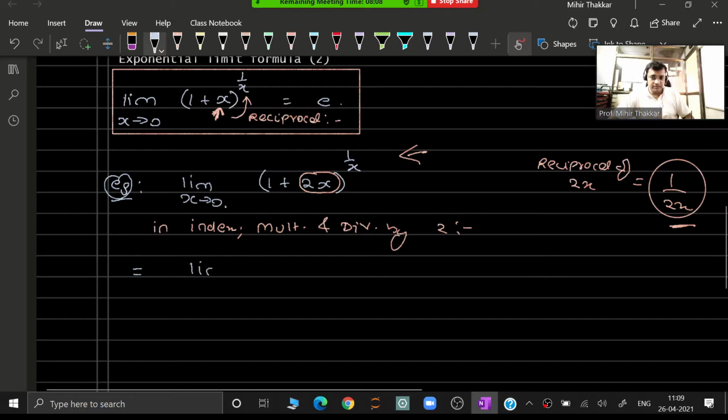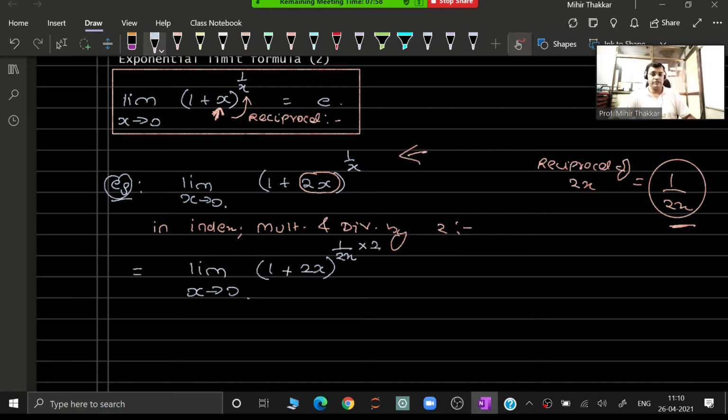So this will become limit as x tends to 0, 1 plus 2x whole power 1 upon 2x and multiplied by 2. So guys, this becomes exactly as per my standard formula, which is 1 plus x to the power 1 upon x, whose answer is equal to e.